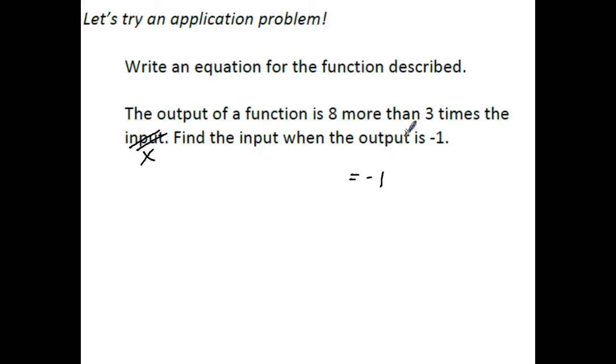So 8 more than 3 times the input, so we're going to add 8 to the input, which is 3 times. So that means it's 3x. So 3 times the input of x, and then there's 8 more of those, and that'll equal the output, which is negative 1. So that would be our equation written down from verbal.